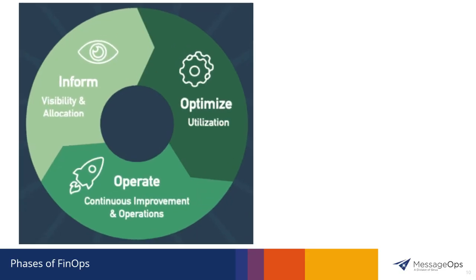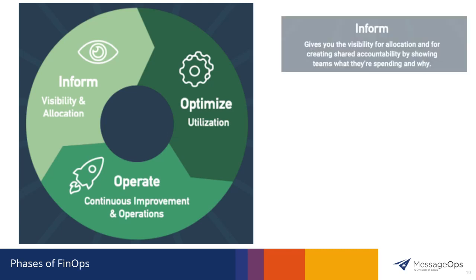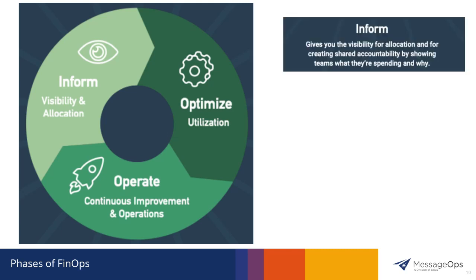So when you look at the phases of FinOps, the first one is we, the IT professionals, need to help the organization out. The first phase of FinOps is inform.